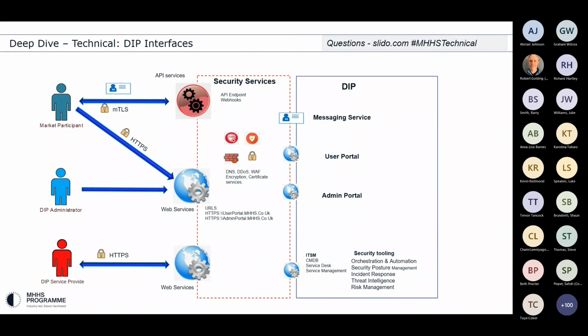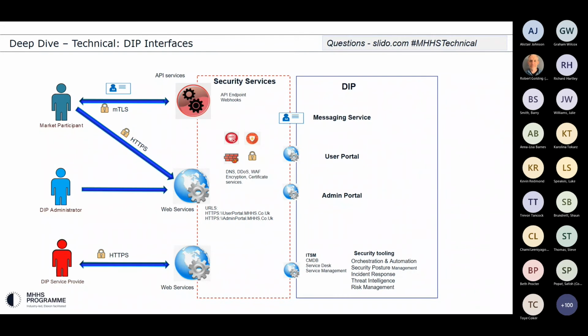So it is a high-level overview of that connectivity that Rob mentioned earlier. We have market participants connecting via API services. That could be API endpoints, webhooks, showing there the mTLS encrypted connection through to that. Likewise, HTTPS sessions for the user portal, which we would expect standard managed identities and multi-factor authentication to gain access to those portals. The DIP administrator themselves in terms of managing the content behind there.